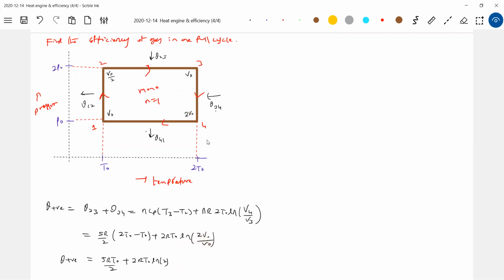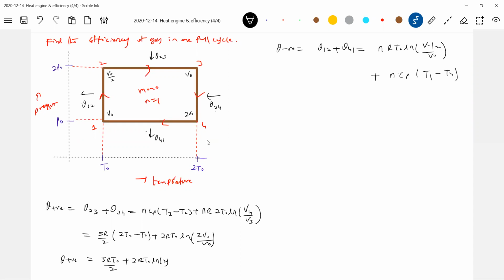Okay, what about Q negative? Q negative will be Q12 plus Q41. Q12 is nRT log of V naught by 2 by V naught, plus nCp (T1 minus T4).